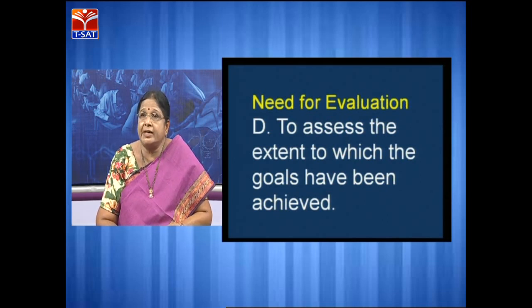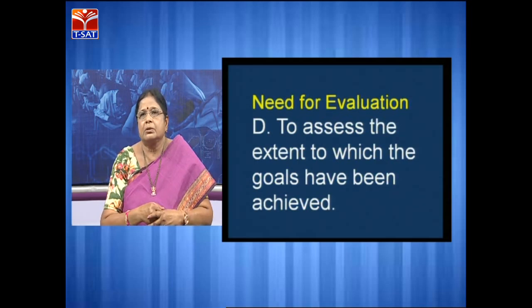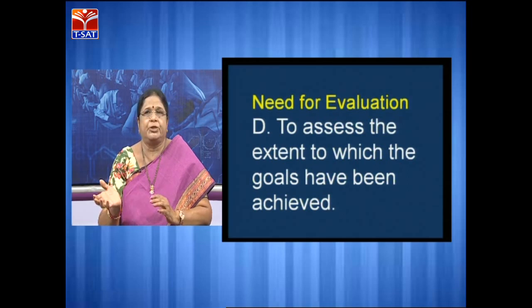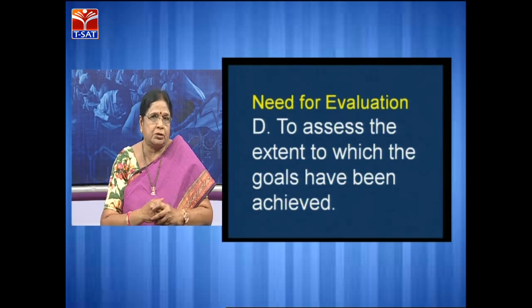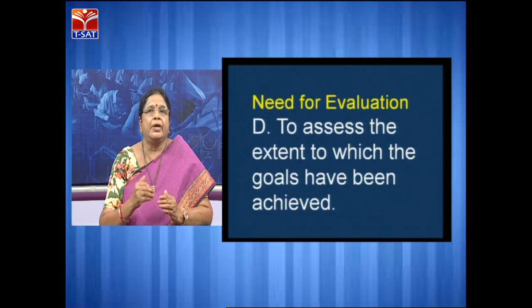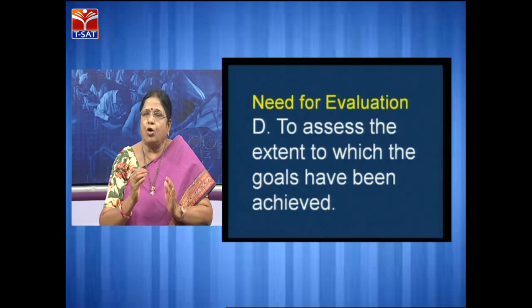To assess the extent to which the goals have been achieved. So, we know about aims and goals. Goals are long term, whereas instructional objectives are short term. Every class has certain goals, and now in Telangana we have a 10 years English course. English starts from class 1, and for each class, aims, goals and objectives are set.